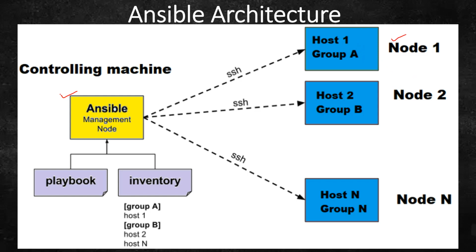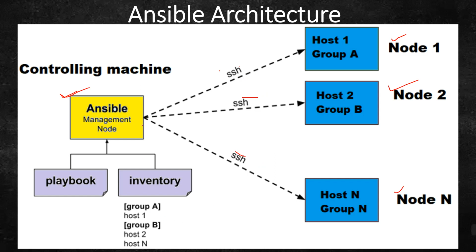This is the master machine, and this is the node machine, and it connects with an SSH connection. The master and the node machine communicate with the SSH connection, right?